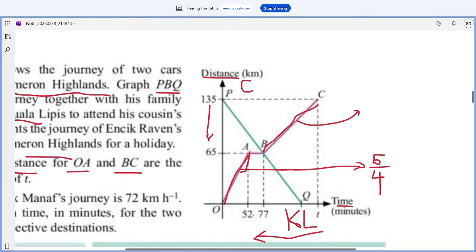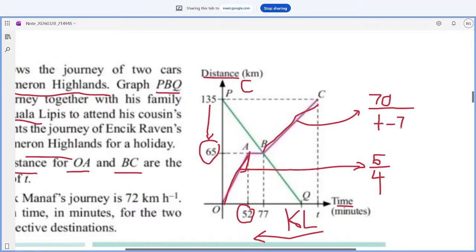Y over X is gradient. Yes, the answer is 70. Only T? Are you sure only T? It is T minus 77, guys. Y2 minus Y1 over X2 minus X1. So 70 over T minus 77.